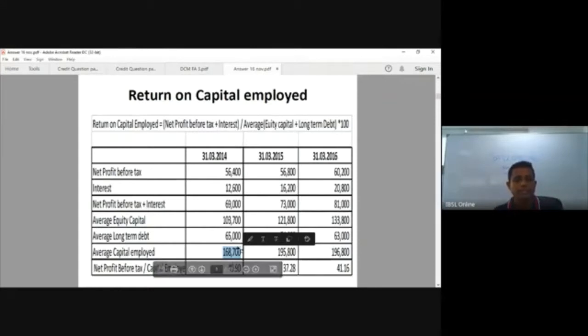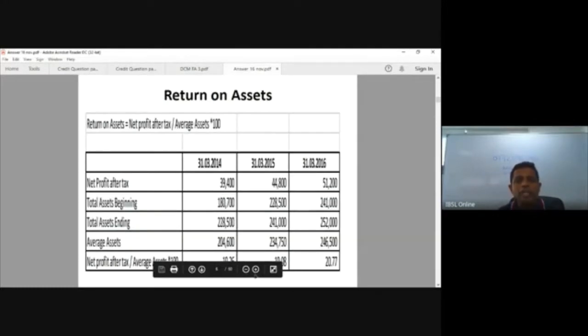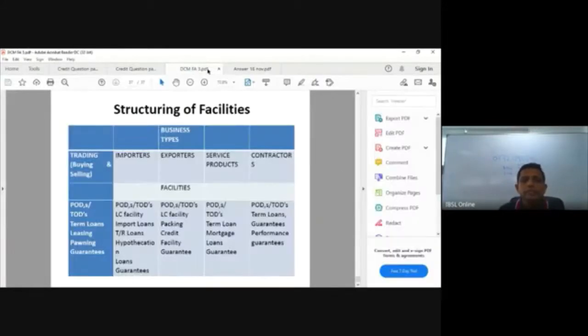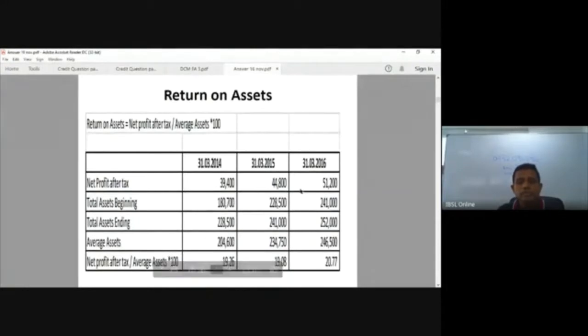Then you divide net profit before tax and before interest by this figure, and the answer will be 19.26. Similarly, you have to calculate for 2015 and 2016.